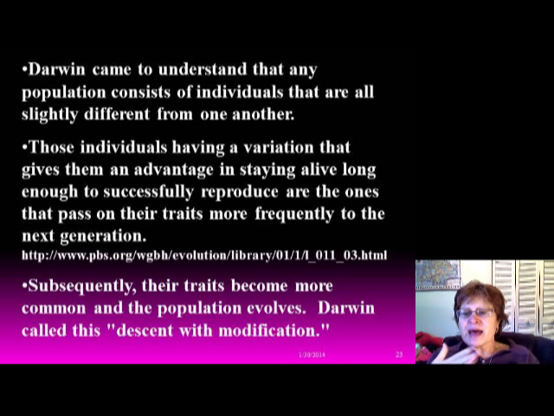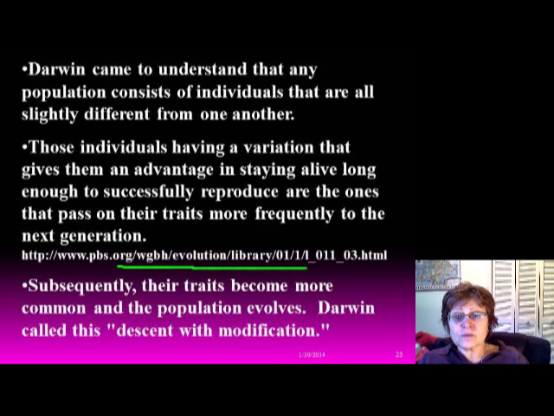So they pass their traits more frequently to the next generation. The organisms which are not really good for the environment most likely will die earlier than they can reproduce, so their traits are not passed down. And there is another movie right here, so please look at it. It's really cool.